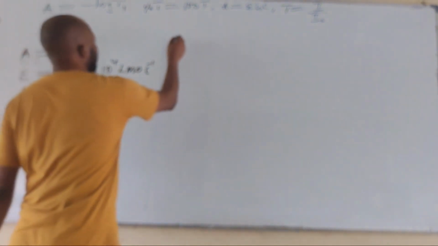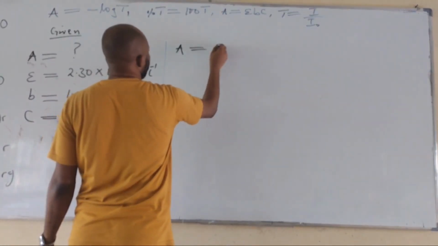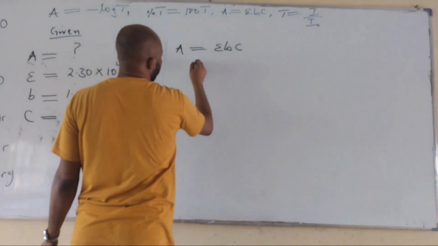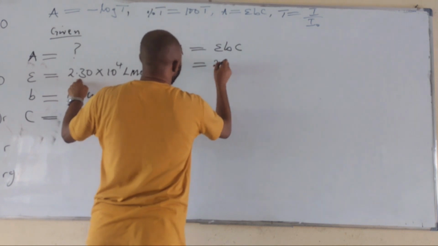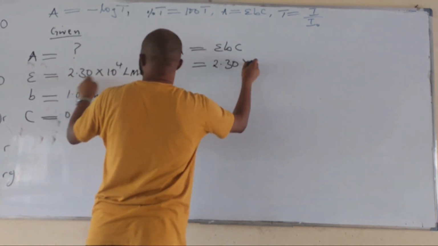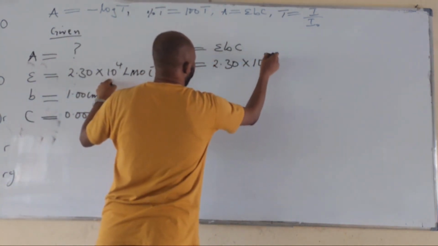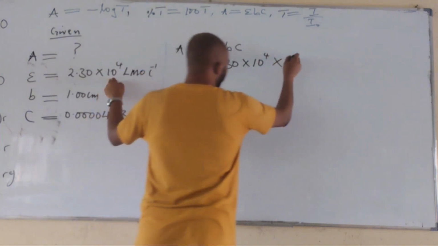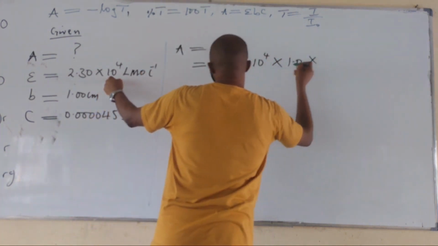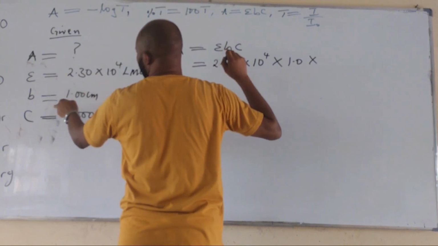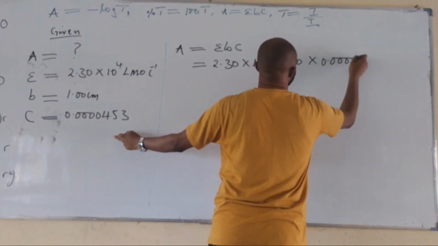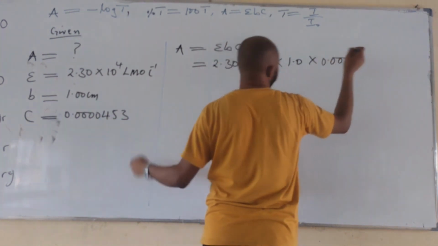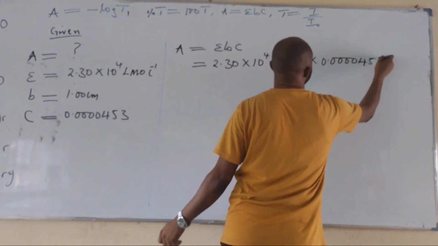So they are asking us what is the absorbance. Absorbance here is equals to EBC, which is, the epsilon is 2.30 times 10 raised to the power 4, the path length is 1.0, times the concentration, which is 0.0000453.